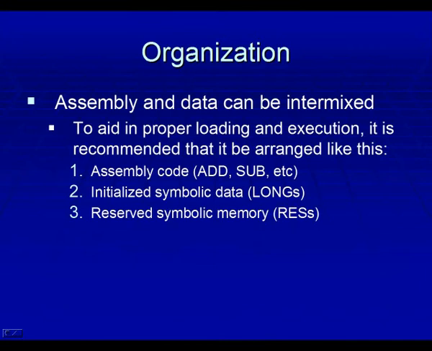If you have those in a different order, it typically causes lots of problems unless you really know what you're doing. In particular, every cog starts executing the assembly code from address 0. It gets loaded into address 0 of the cog's register space. So if you have data up there, you're going to be trying to execute data, and of course many of us know that that's going to cause lots of strange problems.